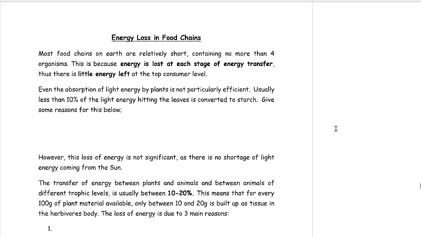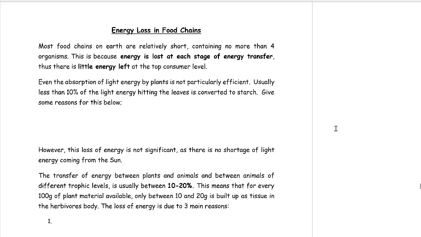Now then, the next thing that we would look at is energy loss in food chains. So as we said, the little arrows in food chain represent the transfer of energy. And what you notice there is that food chains are usually no longer than about 4 trophic levels. It's quite rare that you find food chains which have 5 or even 6 trophic levels.